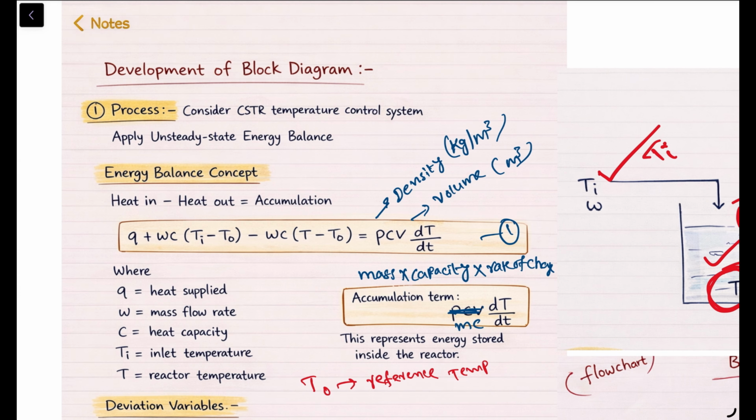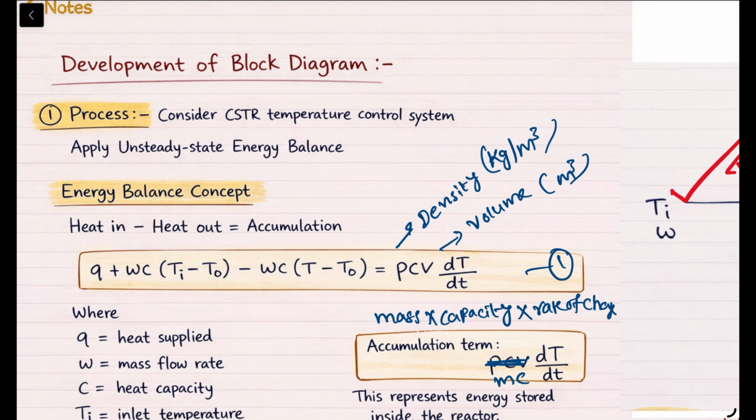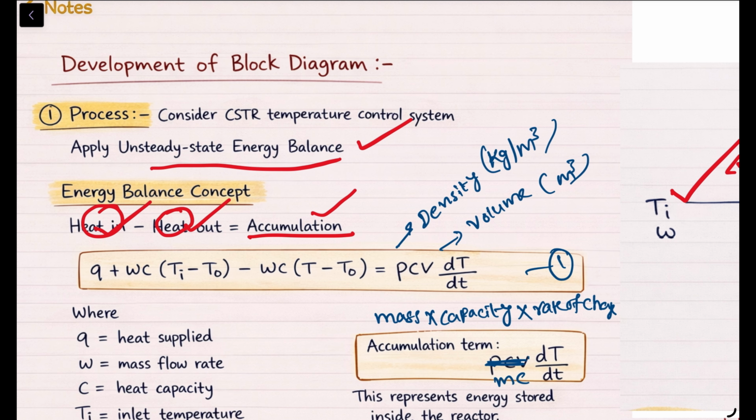For the process, we start with the unsteady state energy balance. The general form is heat input minus heat output equals accumulation. That simply means the heat entering the system minus the heat leaving the system is equal to the rate of heat accumulation inside the reactor.